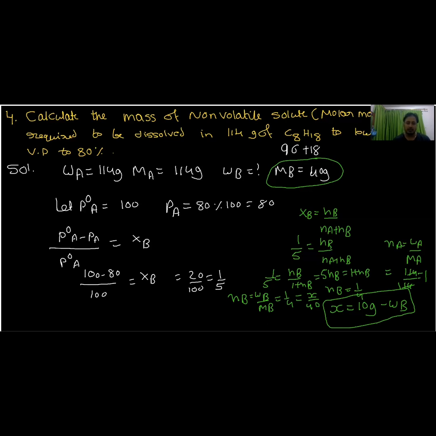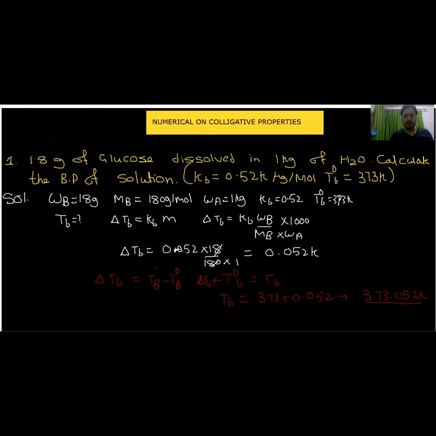So this is a question based on the last colligative property, the relative lowering of vapor pressure. So let's revise all the questions one by one. The first question was based on the elevation in boiling point. In that question, 18 gram of glucose was dissolved in 1 kg of water. You have to calculate the boiling point of the solution. Kb value is given to you, that is 0.52 Kelvin kg per mole.